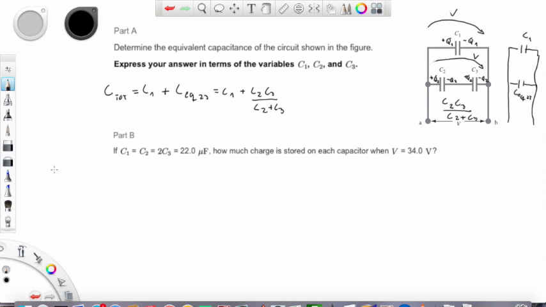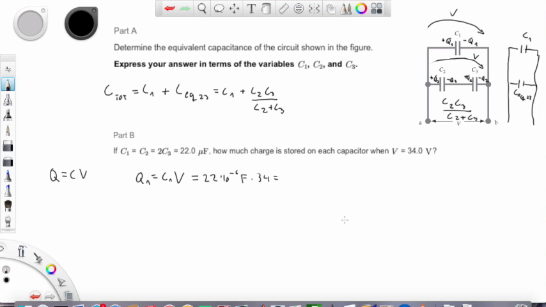The amount of charge on a capacitor can be solved from this relationship, Q equals C times V. So we can pretty easily solve for the charge on capacitor 1. So Q1 is C1 times V, which is C1 in 22 microfarads times the voltage, which is 34 in this case.